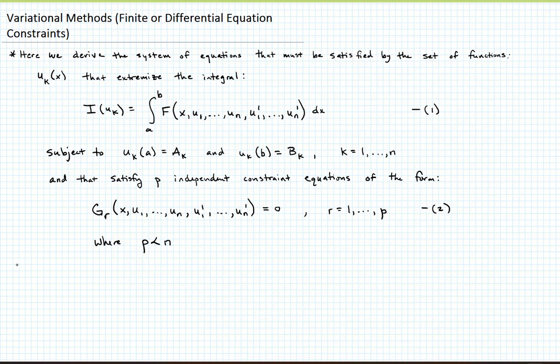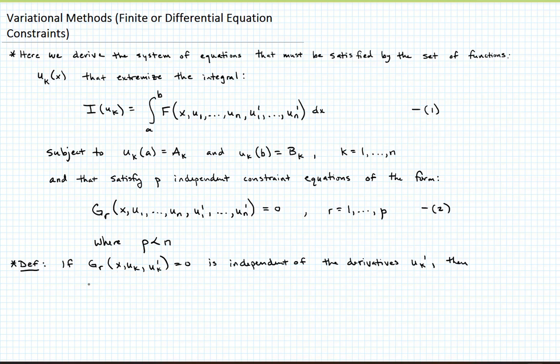Let me give you a definition. If the constraint equation g r of x and whatever uk and uk primes there are equals 0 is actually independent of the derivatives, then we say that the equation, which now will look like g r of x and then uk, so there are no derivative terms, equals 0, is referred to as a finite equation.